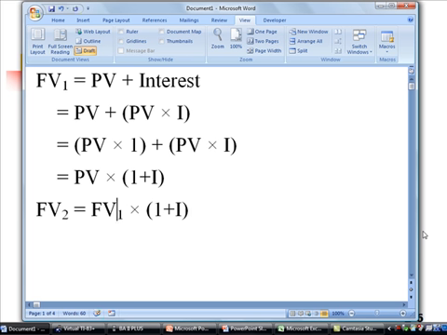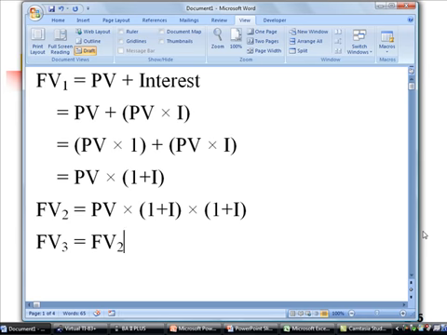But don't we already know what this is? Don't we already know what the future value after 1 period would be? We wrote it out up here. So we could just copy this and put it in here. So the future value after 2 periods could be thought of as the initial amount, the present value, times 1 plus I times 1 plus I. What about the future value after 3 periods?